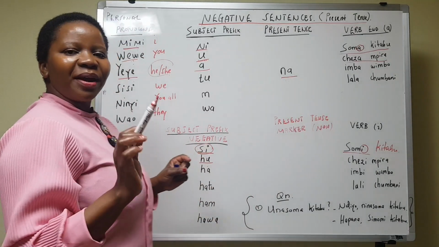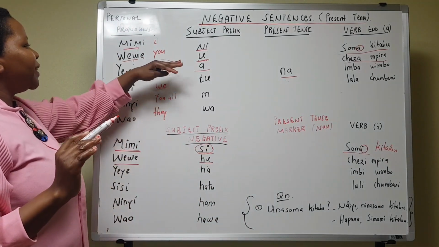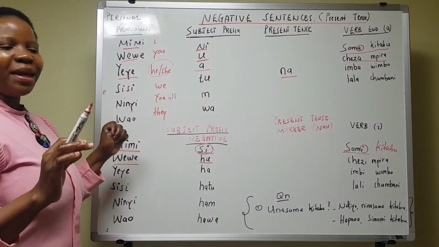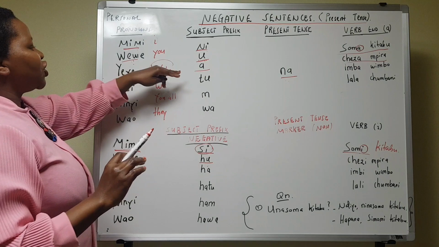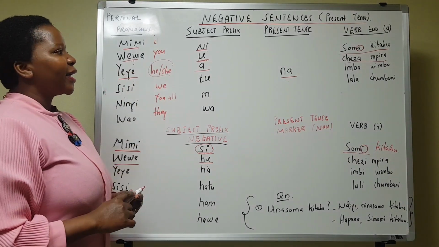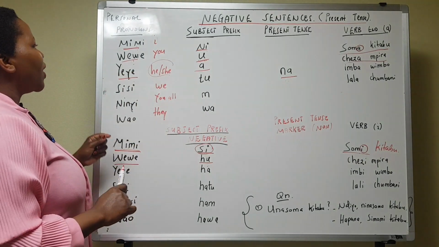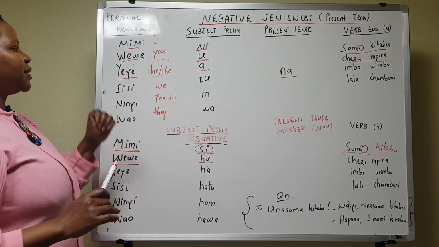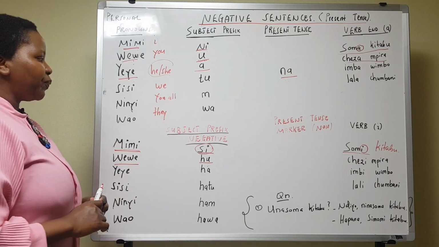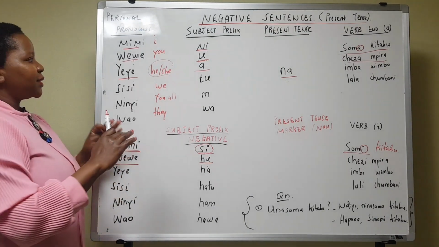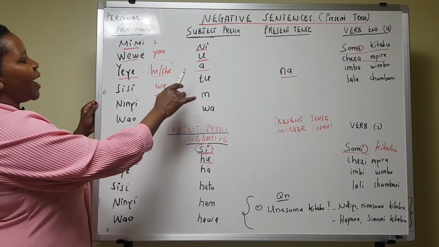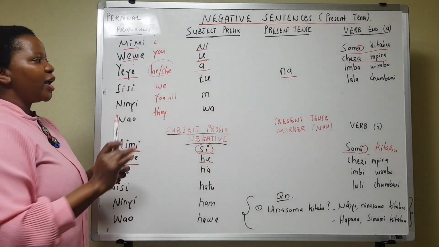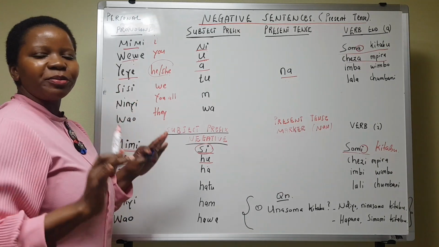This sentence means he or she is playing a ball. How can I change this sentence into a negative form? She or he is not playing a ball. How can I say that in Swahili?